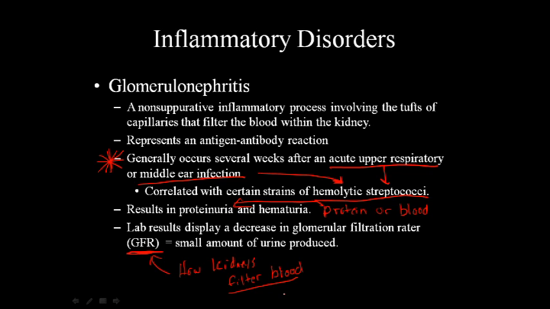But if you have a decrease in glomerular filtration rate, it means that your kidneys really aren't filtering the blood to an effective level. And so you're going to have a small amount of urine produced, because the kidneys really aren't taking any of the waste out of the bloodstream. So it's very important to actually see this.